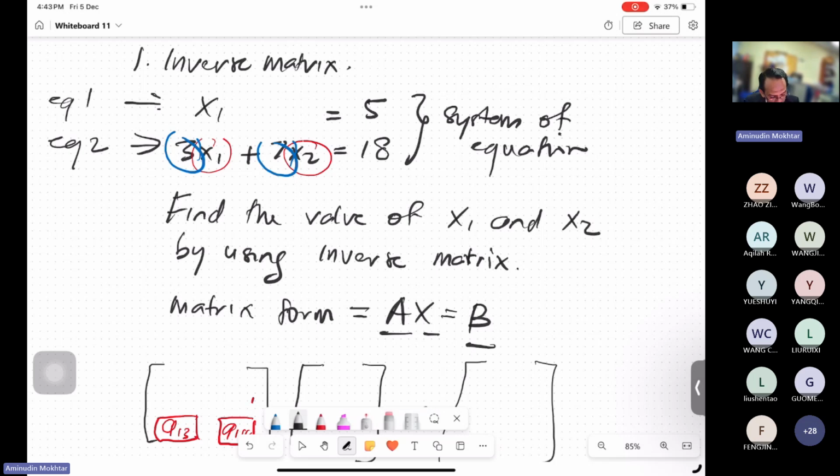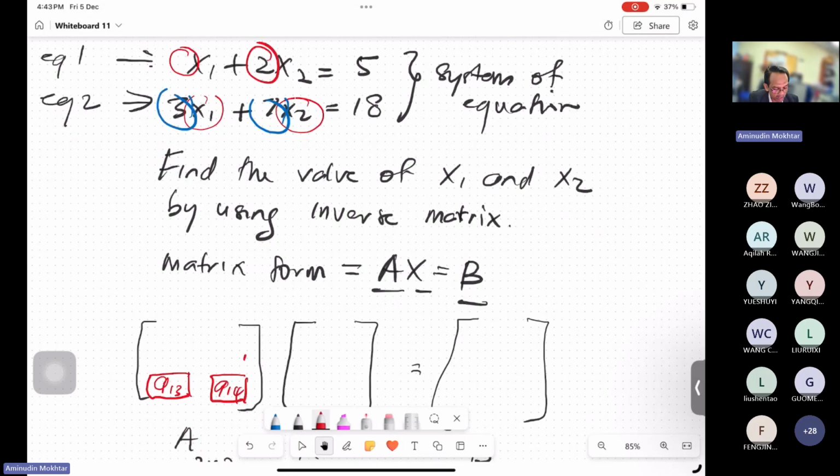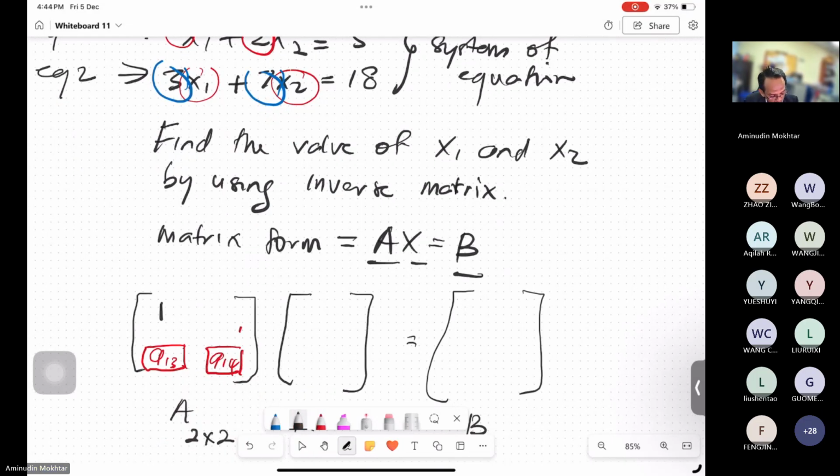This is actually x1 plus 2x2. So I repeat: the coefficient of x1 is 1, and the coefficient of x2 is 2. So the elements of the first row in A are 1 and 2. 1 is the coefficient of x1, 2 is the coefficient of x2 for the first equation.